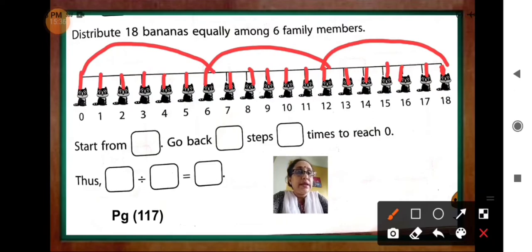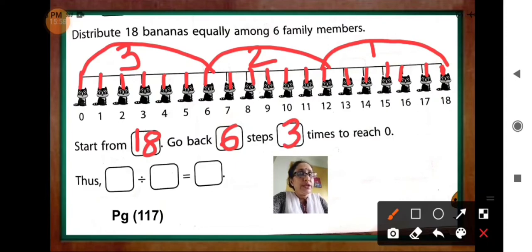Now let's write how many times we have jumped. 1, 2, 3. Yes? So what will we write here in the box? Start from 18, go back 6 steps. How many times? 3 times to reach 0.